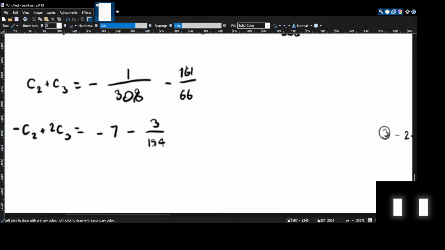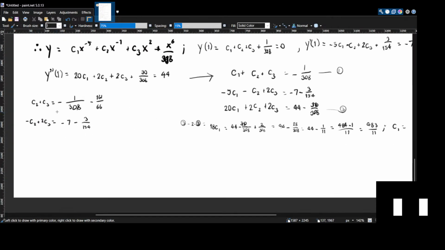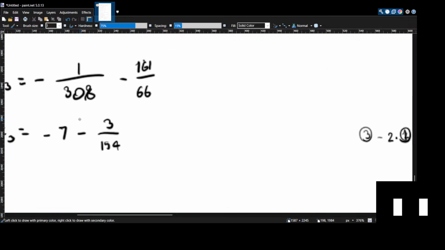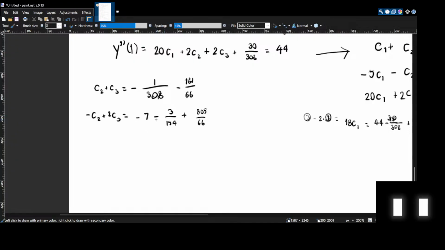Are you guys having fun, chat? Are you guys having fun? I'm not. And you add it by 5, and which multiplies that guy up there, which is going to be 5 times that, which is going to be equal to 805 divided by 66. Oh my god, what?